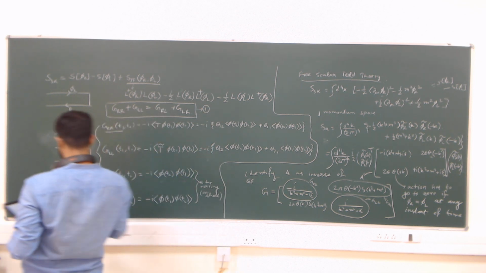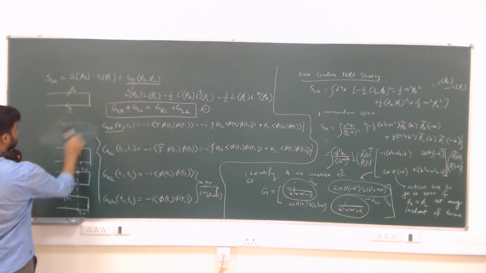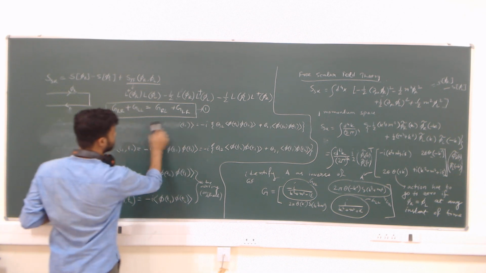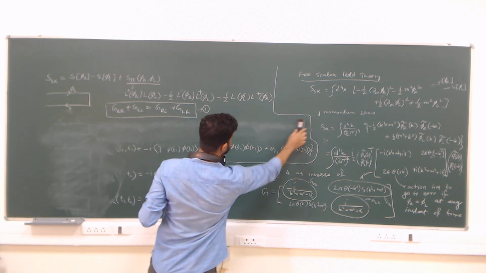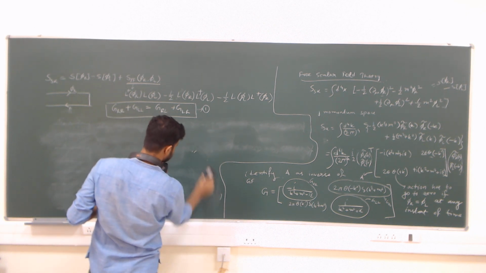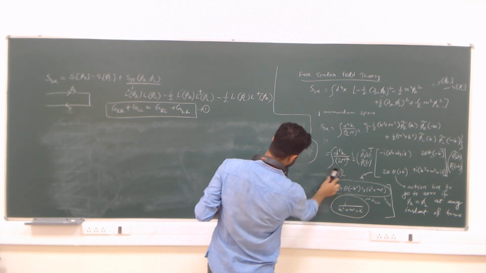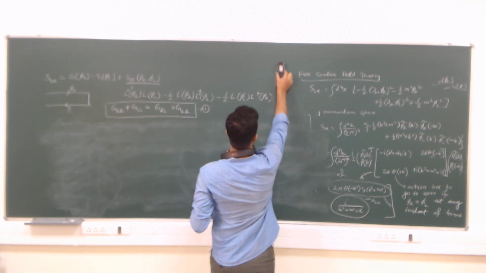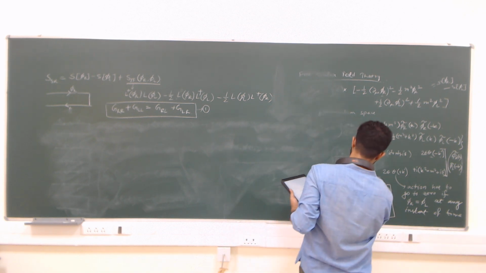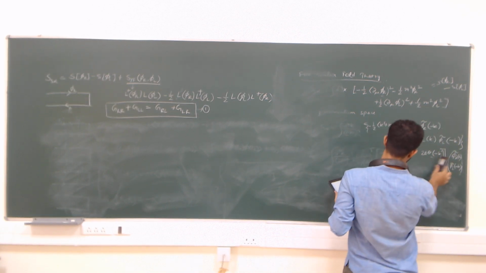So question number 2 starts. Now basically what we want to discuss is, by studying a quantum field theory, how does one check whether it is unitary or not?